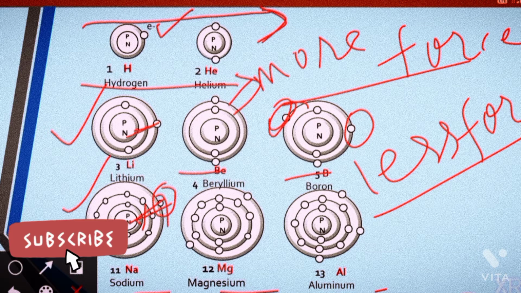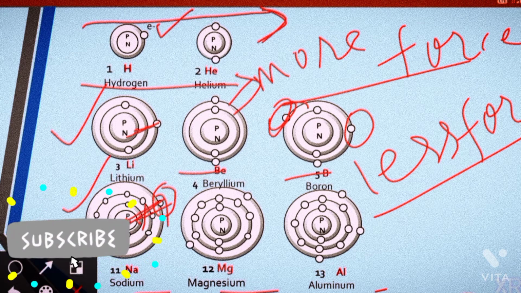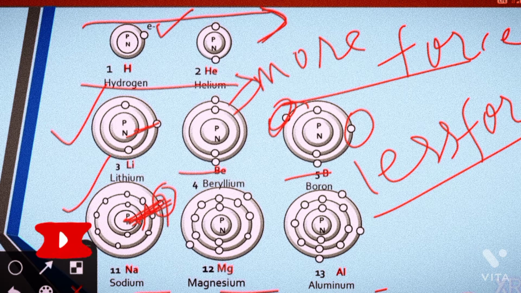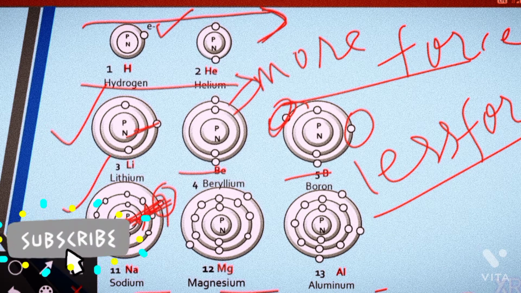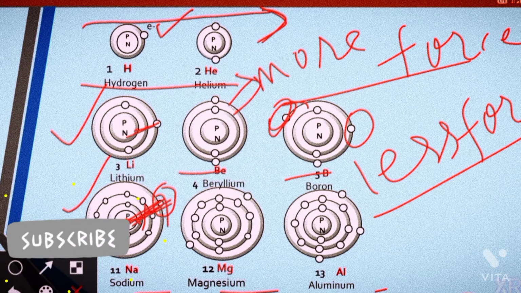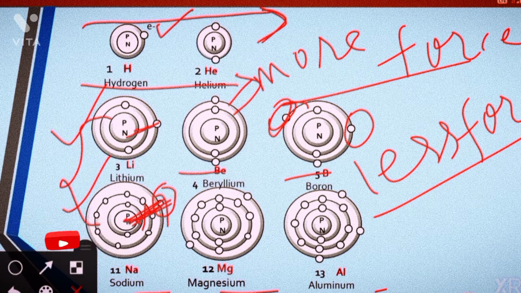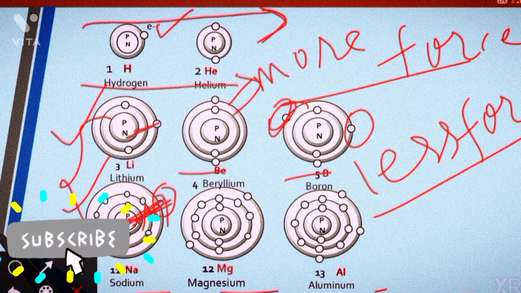Both lithium and sodium have only one electron in the outermost shell, but in sodium the distance from the nucleus to the outermost shell is more, and we have discussed that more distance means less force from the nucleus, and less distance means more force. So sodium will be more electropositive. It is always ready to donate one electron to another atom and form a bond.